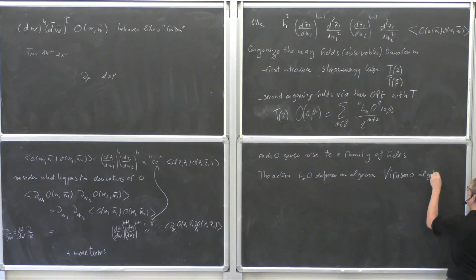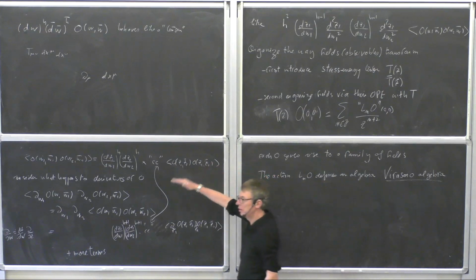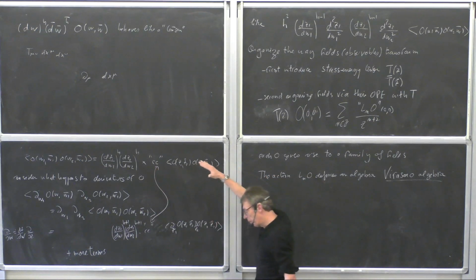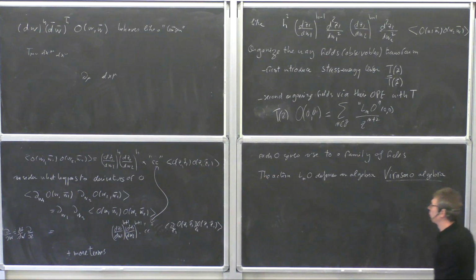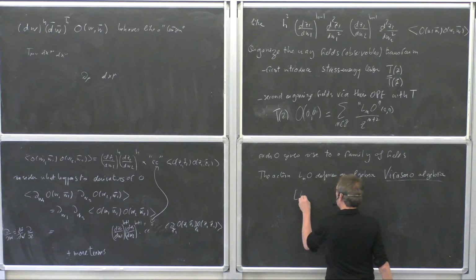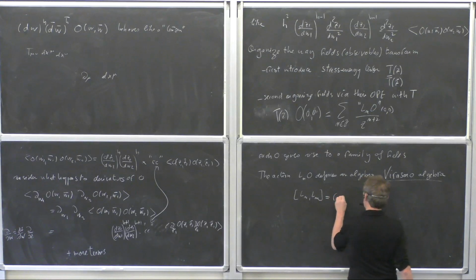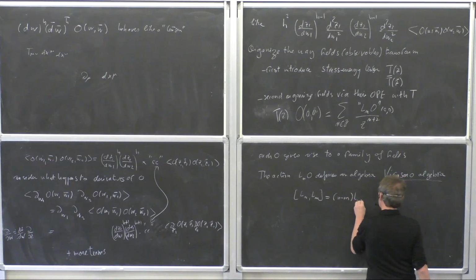But really, this is just a way, if you wish, of organizing all the fields in different possible transformations under conformal mappings. So the algebra, it's a Lie algebra, and it has this form.